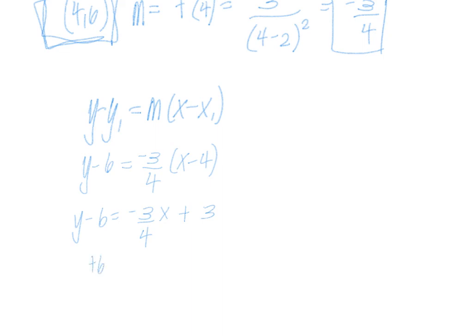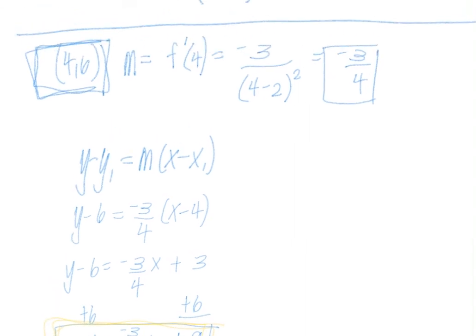I'm now just going to add 6 to both sides to get 9. And this is the final answer. This is the equation of the tangent line at the point 4, 6.